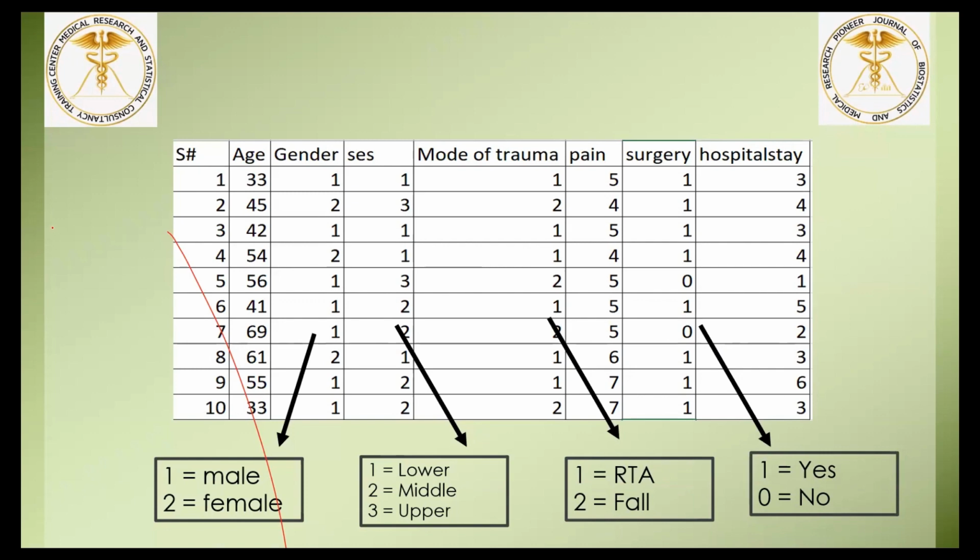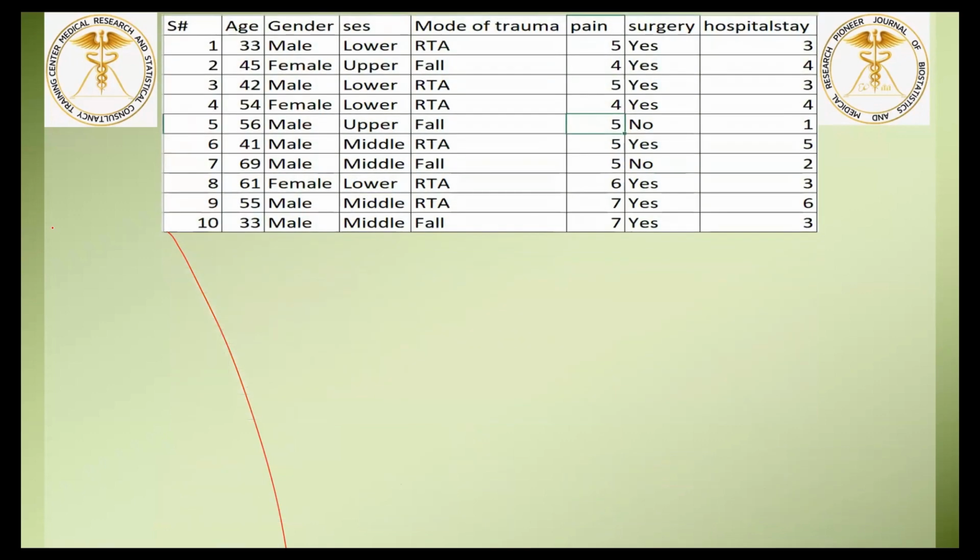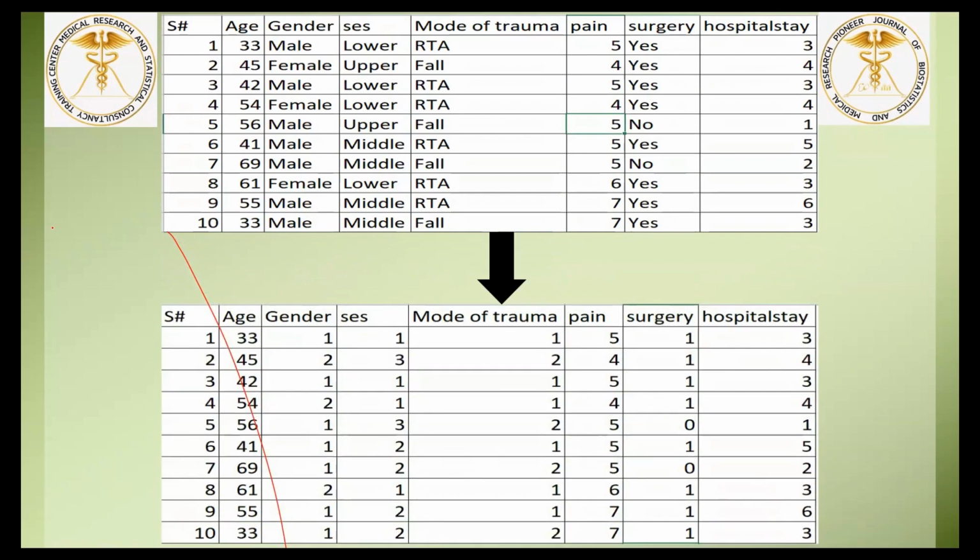Did you notice I didn't convert it into SPSS until I had entered the coding in the Excel sheet? So my data was this, and I converted the data into the coded form.